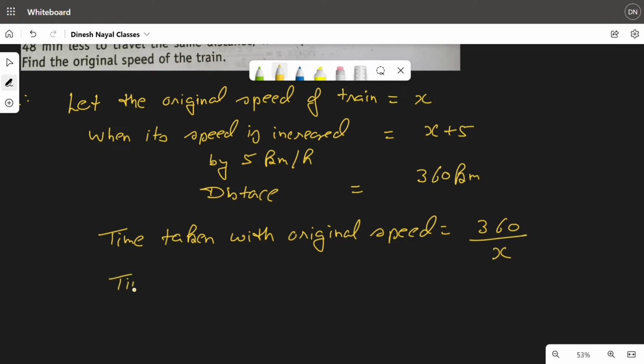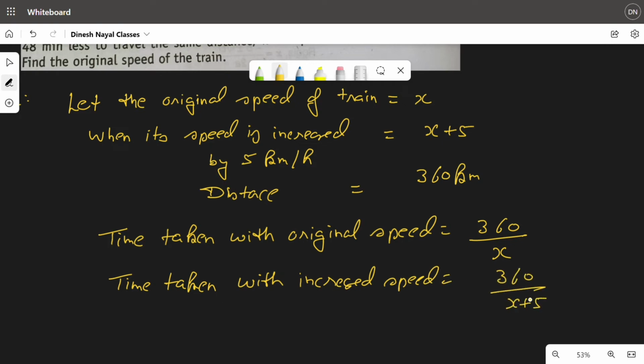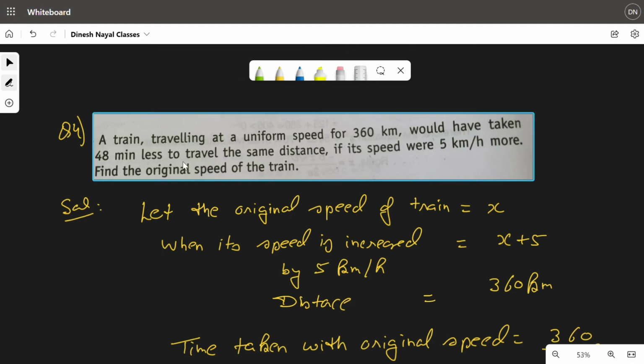Now when the speed is increased, what will be the time? So time taken with increased speed will be 360 upon x plus 5. Now see, whose time will be more? When the speed is increased, this time will actually be less.